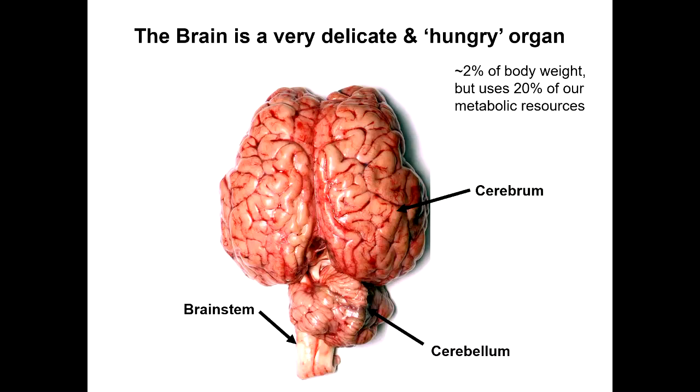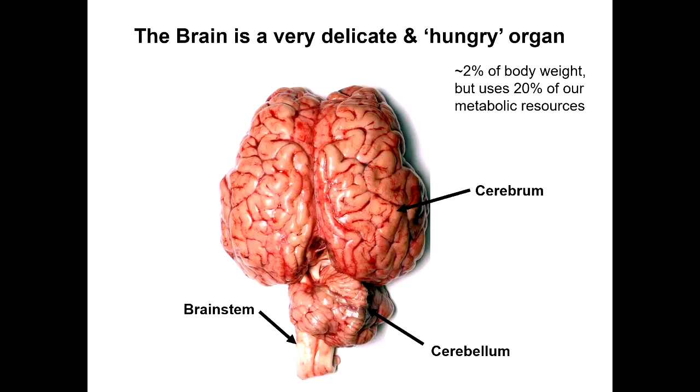And it's a very hungry organ, as indicated by the fact that all three major divisions of the brain shown in this picture are quite obviously really quite pink, aren't they? There's a lot of pink around here. And the reason for that is that all parts of your brain are absolutely stuffed full of capillaries. And this is an indication of the fact that it's a hungry organ.